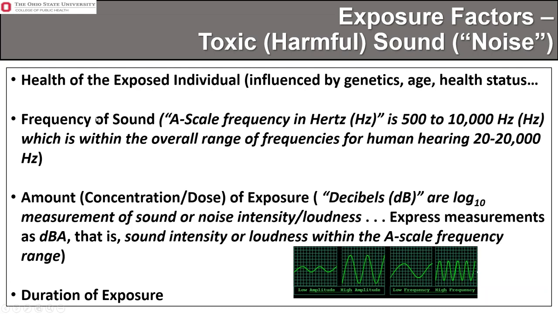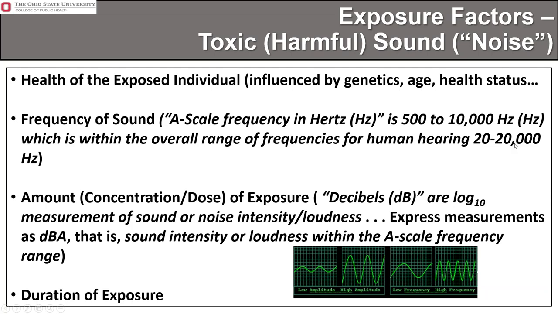My point is this: with sound, in addition to how much, or the health of the individual, and the duration of exposure, we need to know the frequency. We are most vulnerable within the range of 500 to 10,000 hertz. And the significance of that is a human being with perfect hearing can detect sounds within the range of 20 to 20,000 hertz.